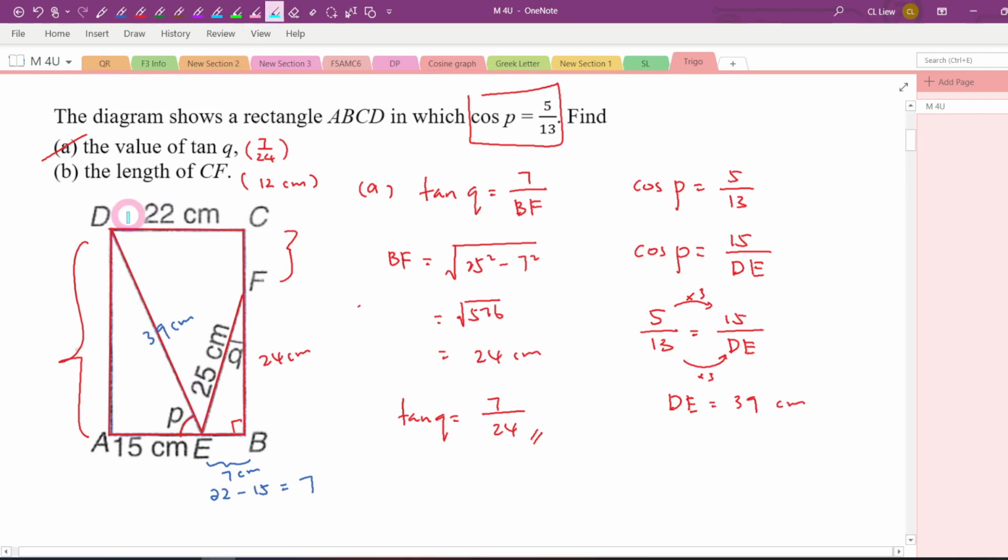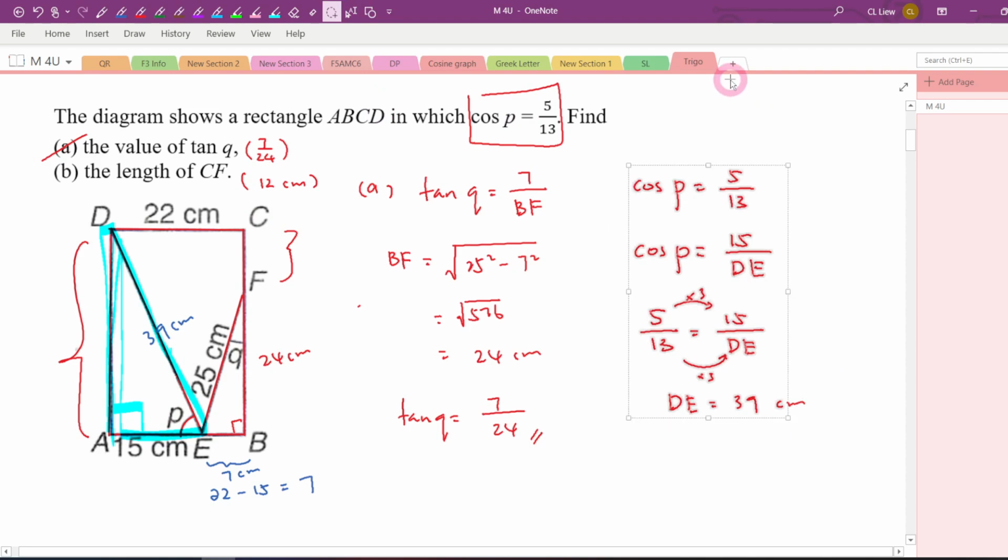Again, now we have a right angle triangle here. That's why I told you just now, in this chapter, we always need to use Pythagoras theorem to help us to get the answer. To find the length of here, ask yourself, short or long? Two short, one long. The longer side always will be the opposite, the right angle. The right angle is over here. So this is long, short, short.